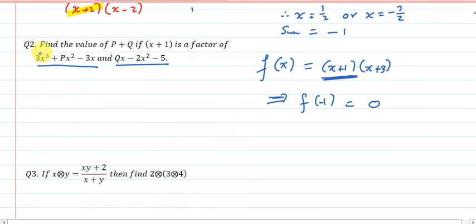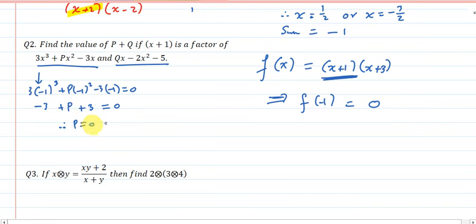If I substitute minus 1 in this expression, I'm going to get 3 into minus 1 cubed, plus p into minus 1 squared, minus 3 into minus 1, and I'm going to get 0. So we have over here minus 3 plus p plus 3 is equal to 0. Minus 3 plus 3 cancels out, so therefore the answer for p is just 0.